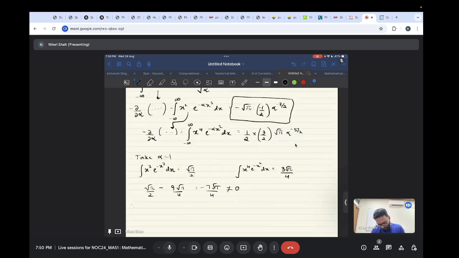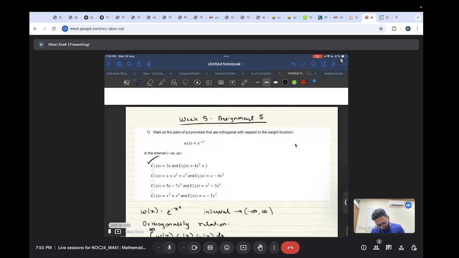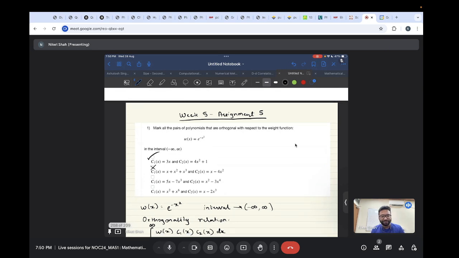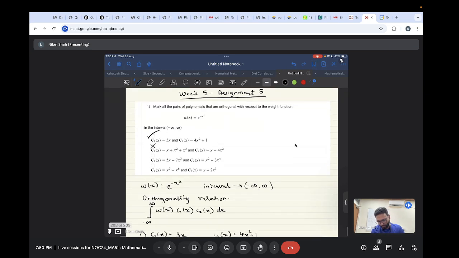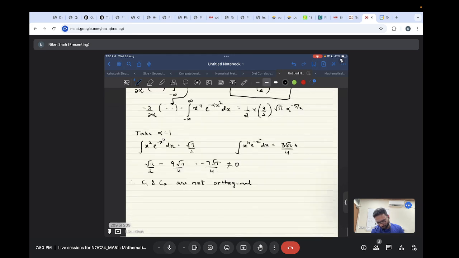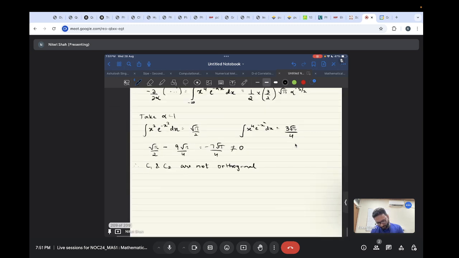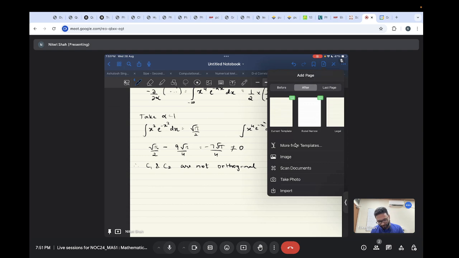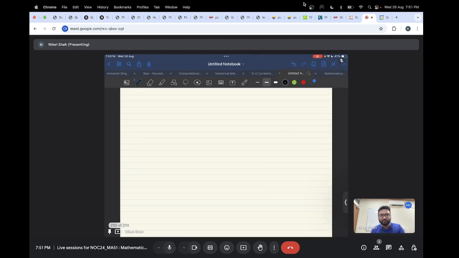Therefore, the point is that C1 and C2 are not orthogonal for the second part. So this one's wrong. We'll not mark this pair basically. So that's your question number one. I hope this is clear. There shouldn't be any doubt here. Let's go to the next one.